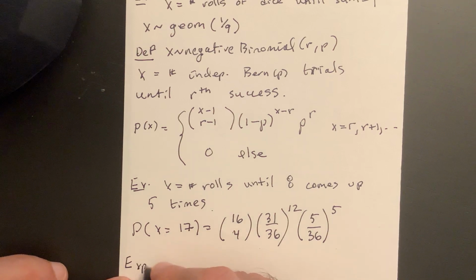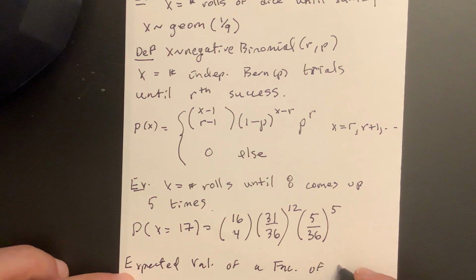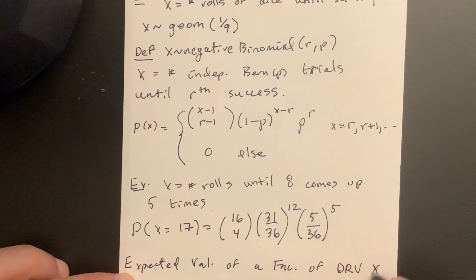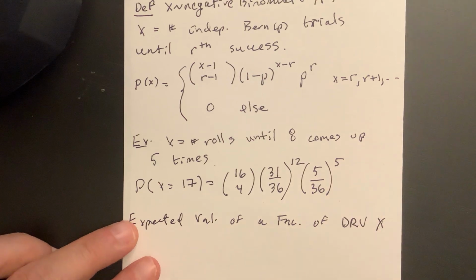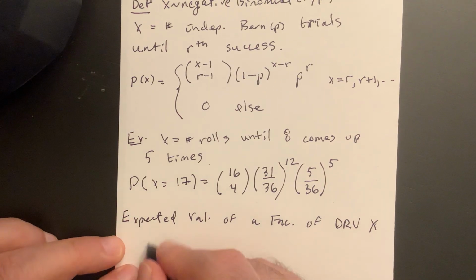So expected value of a function of a DRV X. So I have a DRV X and I take a function of it. What's E of g of X?